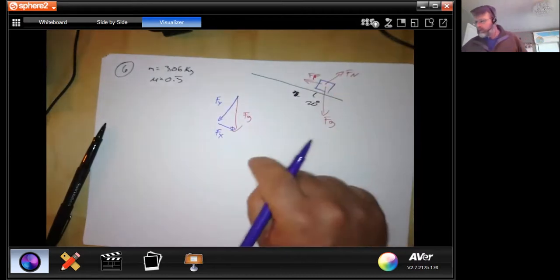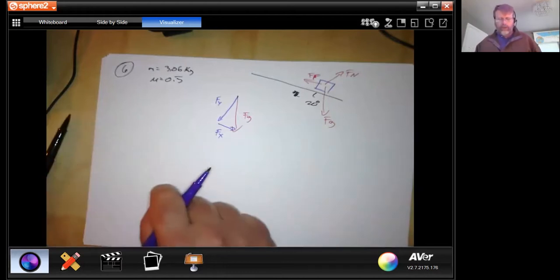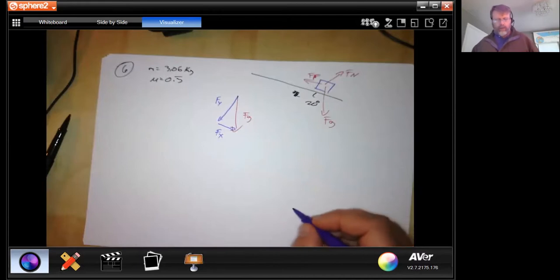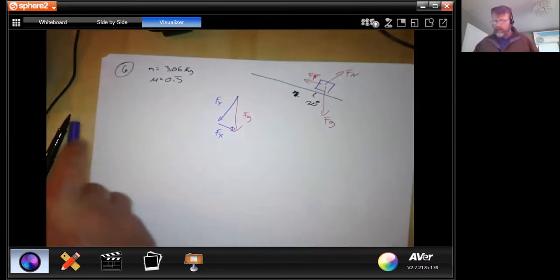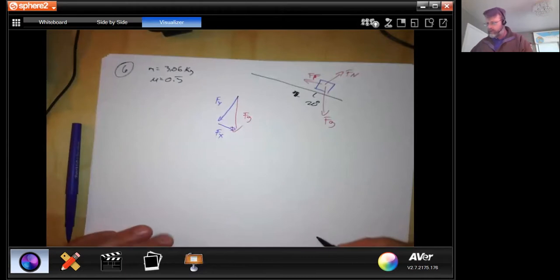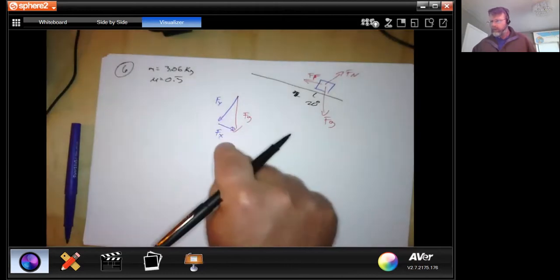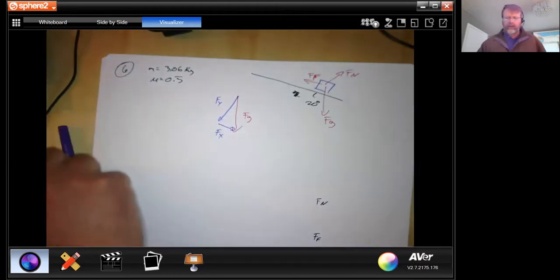Now we can start looking forward to finding these points here. Remember, our final goal is to find my force of friction and my force normal. That's where I'm trying to get to.